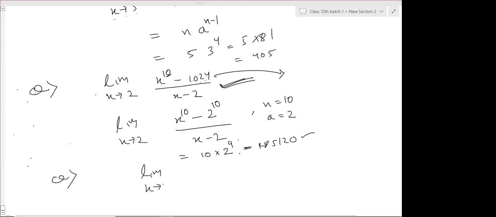Limit x tending to 2, x raised to the power 10 minus 1024 upon x raised to the power 5 minus 32.